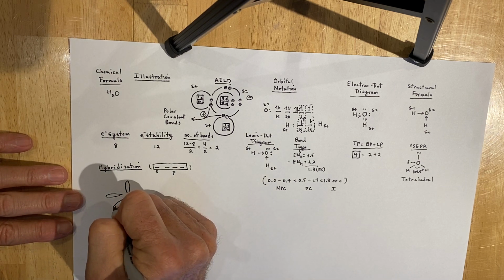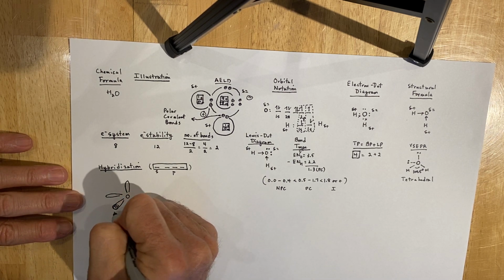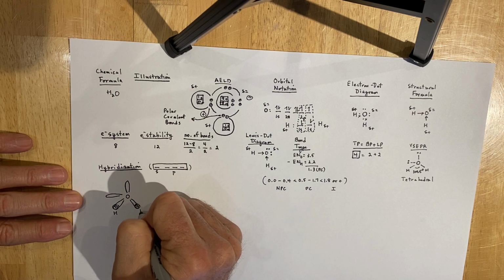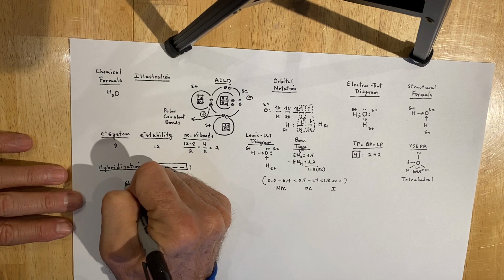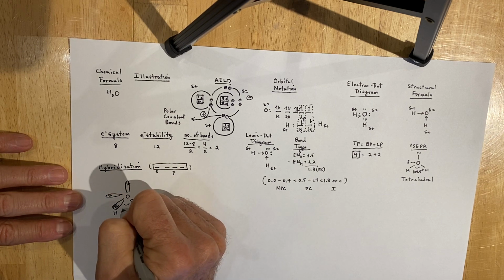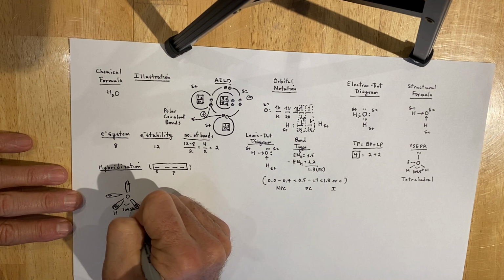We're going to show a bonding pair of electrons here with a hydrogen, another bonded pair of electrons here with another hydrogen, and the 2 lone pairs here and there with a bond angle of 109.5, light FM.